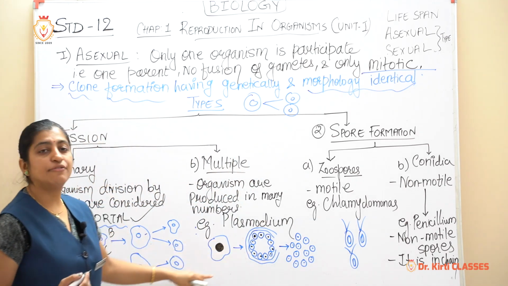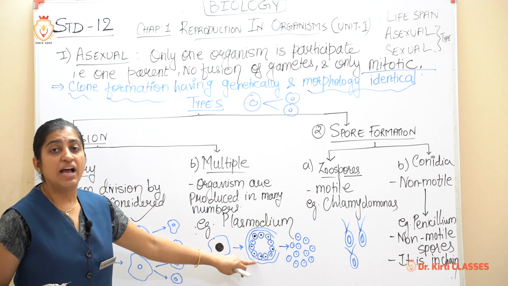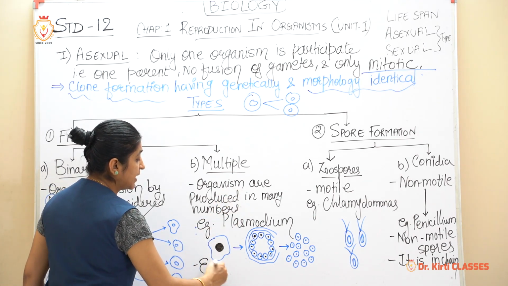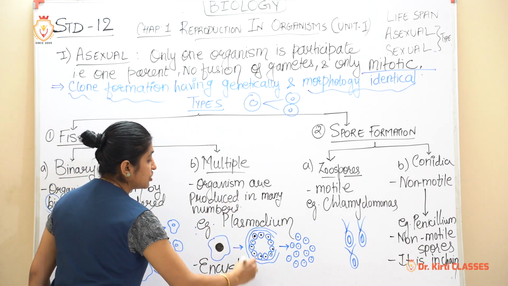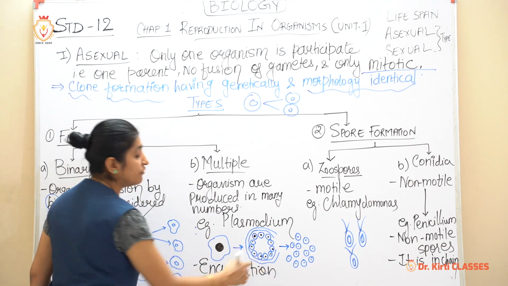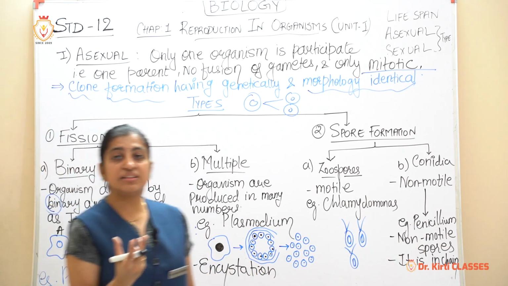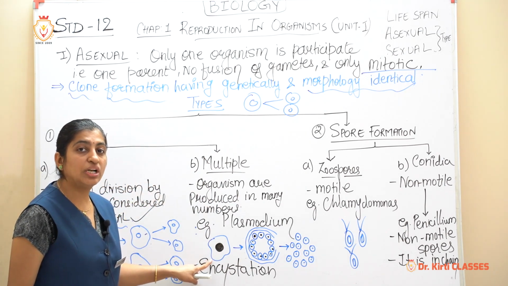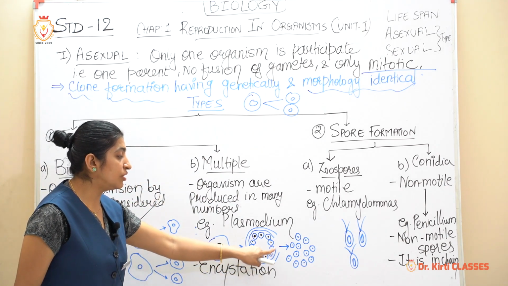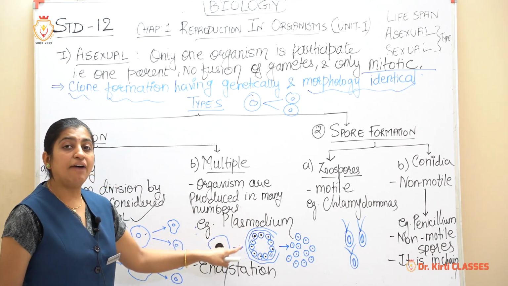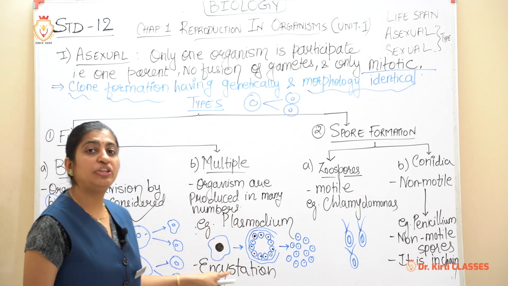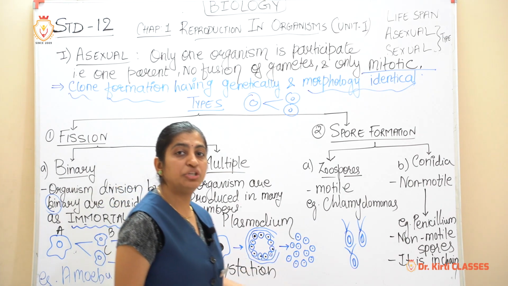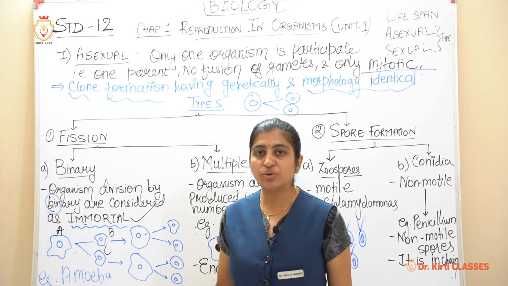Again there is formation of a cyst. This process is also known as encystization, that means there is formation of a cyst. A cyst is nothing but a cavity in which, first, the nucleus will be divided into small nuclei. After the formation of multiple nuclei, the cytoplasm surrounds the individual nuclei.